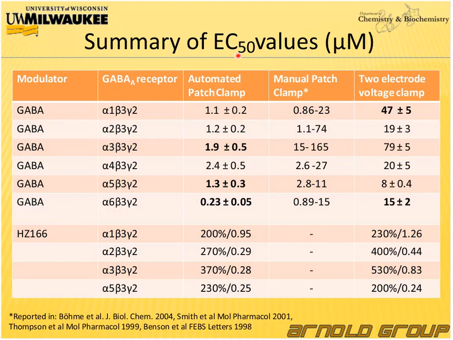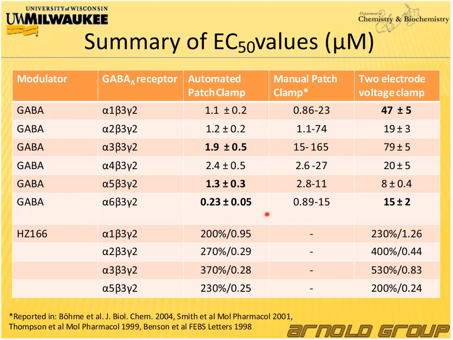So I just summarized everything in this table, and what we can see here as a trend is that the automated patch clamp data seems to have a lower EC50 in comparison with the 2-electrode voltage clamp. But I also looked in the literature and compiled the data, which I depicted here at the bottom of the sheet. And what you can see is that the data in the literature has actually a wide range, and both of the data sets I showed you today fall within this range.